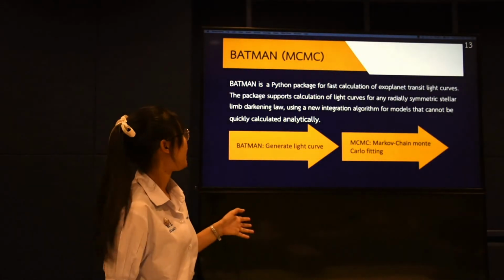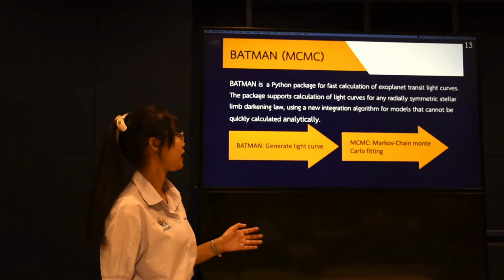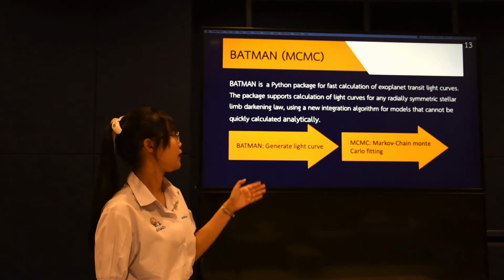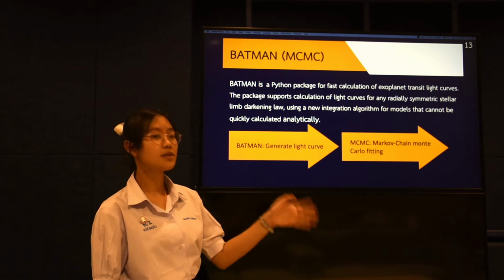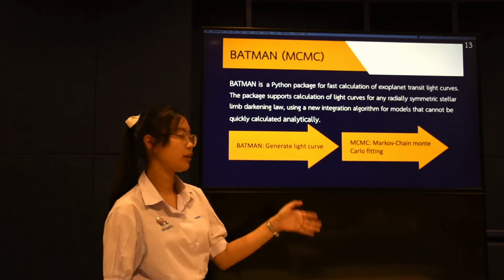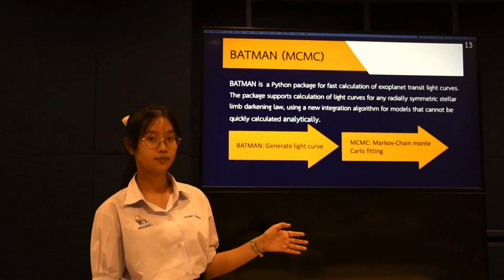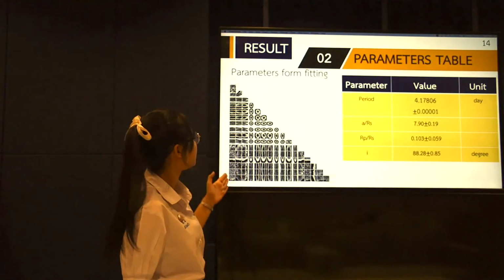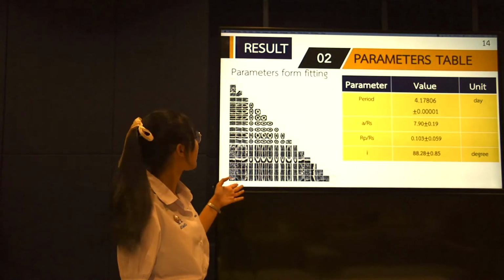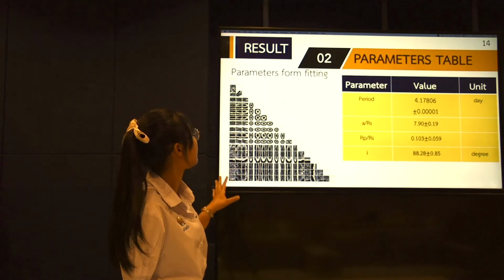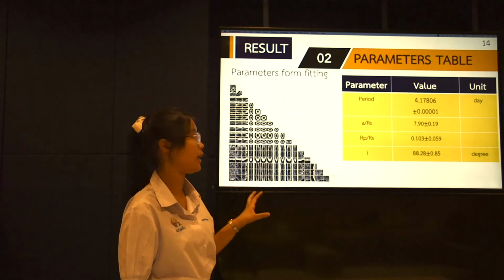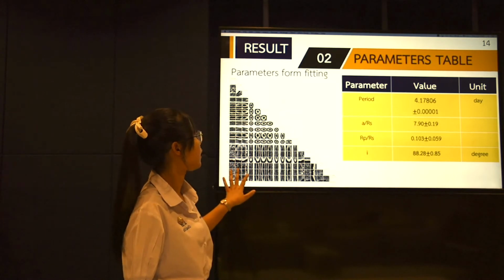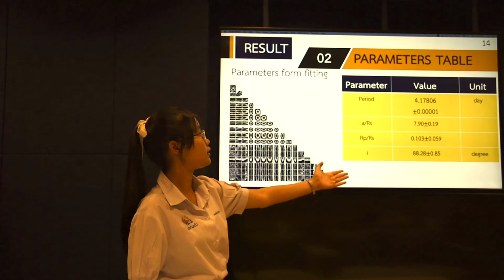Then we use Batman. Batman is a Python package that will generate the light curve, and then MCMC, or Markov chain Monte Carlo, will fit the parameters. And from the MCMC fitting result we get this table.